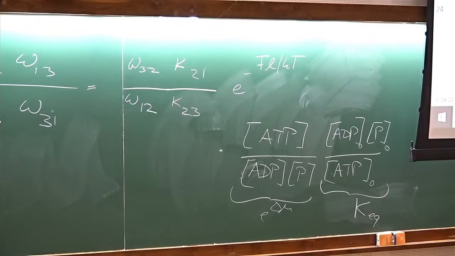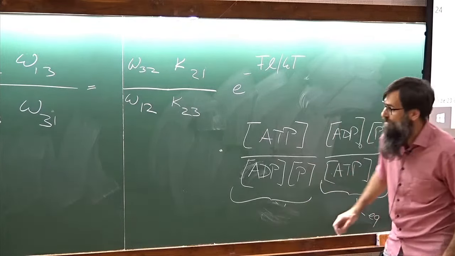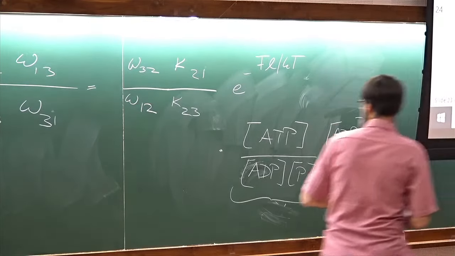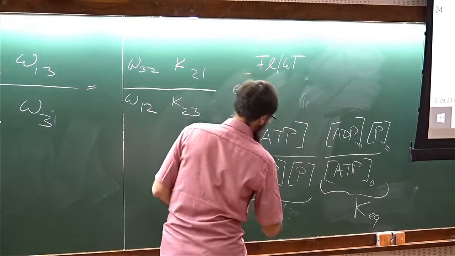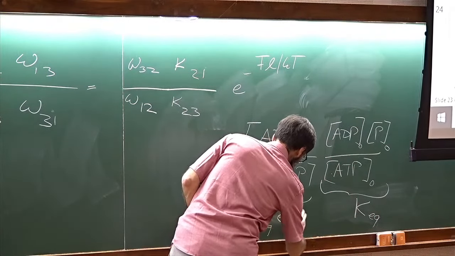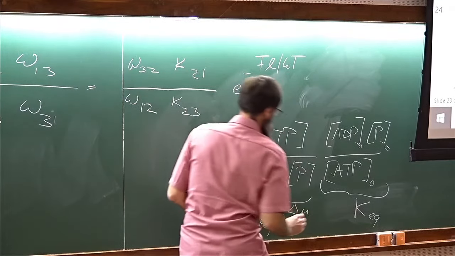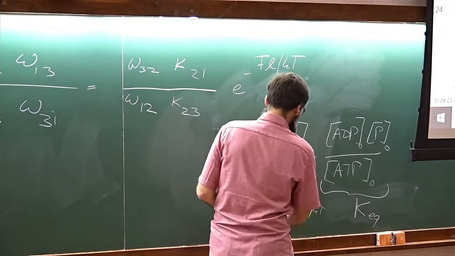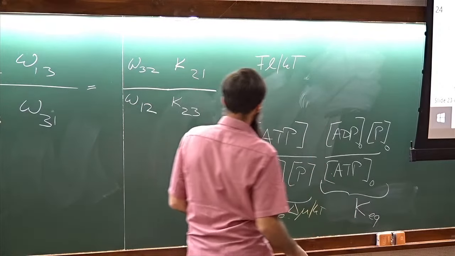Is that right? Yes, that should be, well, there's a kT missing. Okay, let's take a color for that because it gets too messy. So this ratio of the concentration is equal to 1 over the equilibrium constant times e to the delta mu over kT. So this thing will drop out eventually.